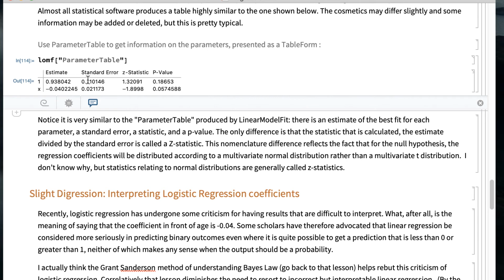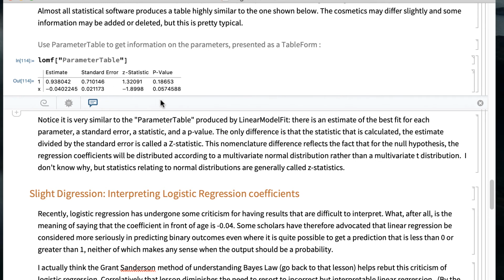We have our standard error of the distribution, although here the standard error is not coming from a multivariate t distribution. It is coming from a multivariate normal distribution. That's why, when we divide the estimate by the standard error, it's called a z statistic. For some reason, normal distributions seem to go along with z.